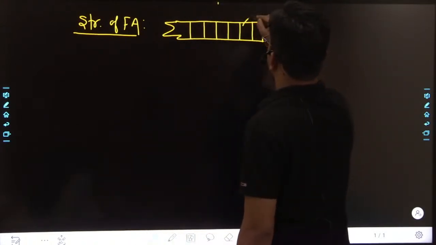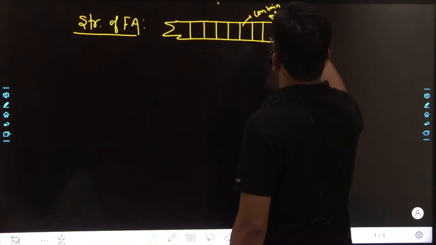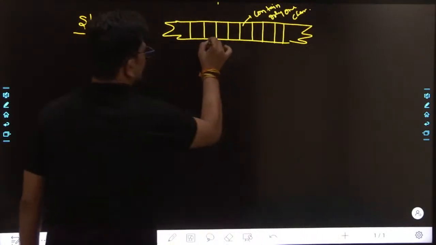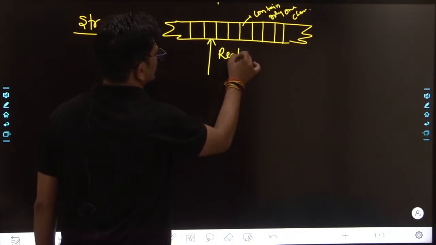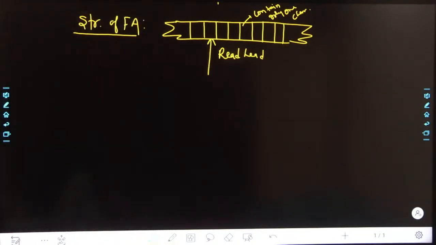Each cell contains at most one character, only one character. We have a read head, which initially points to the first character of the string.